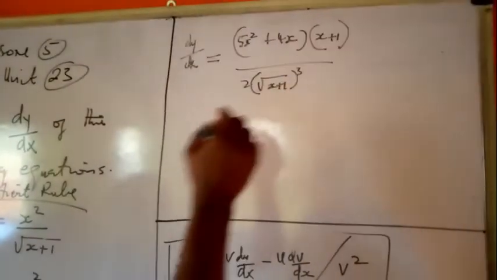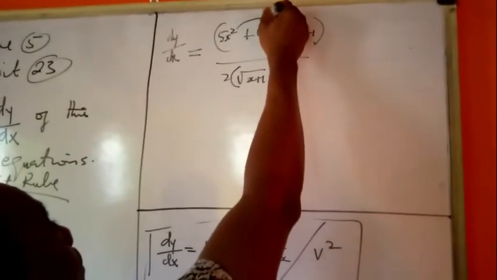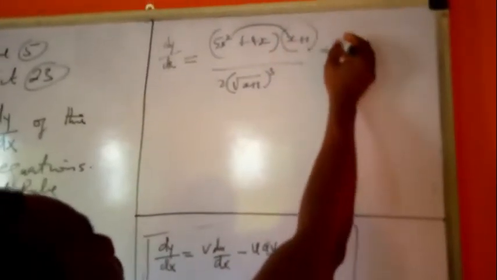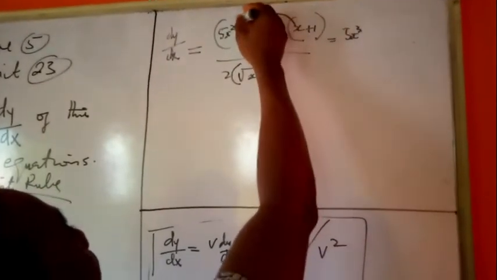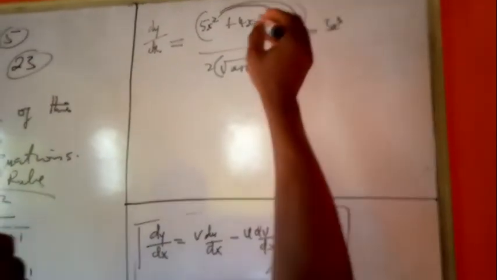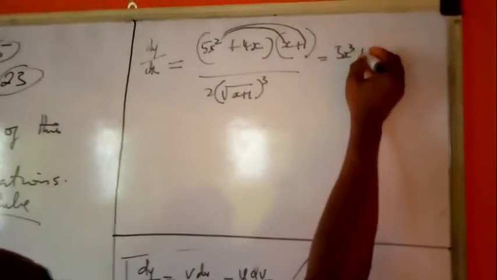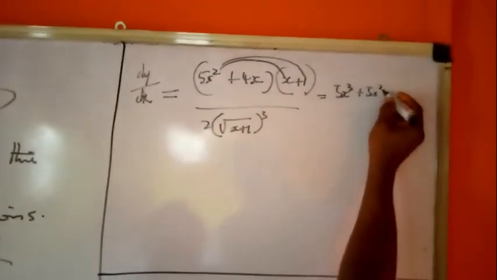So let's multiply our numerator. 5x squared multiply x gives 5x raised to power 3. 5x squared multiply 1 gives plus 5x squared.